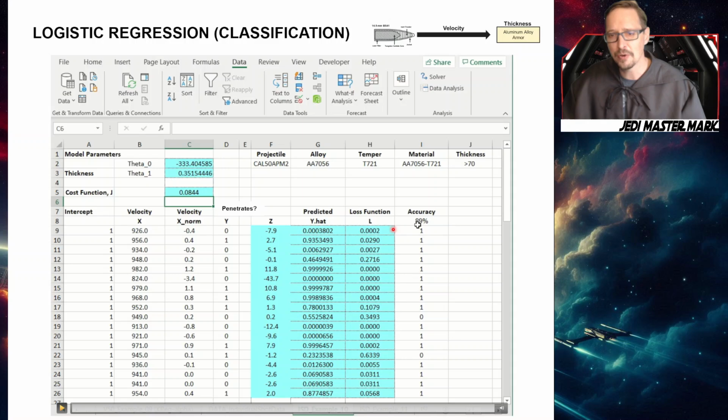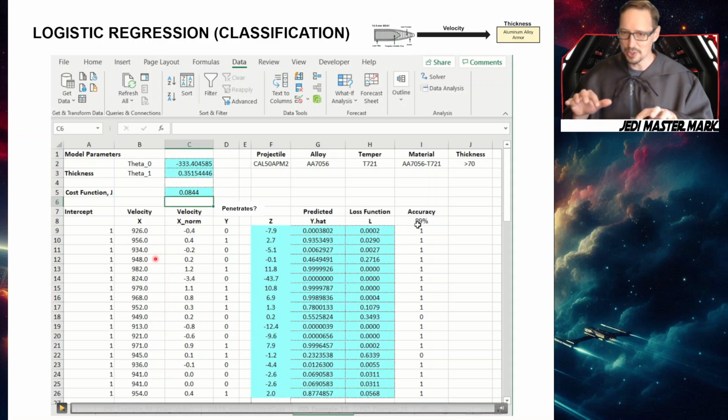You can actually go here to the loss function. What did it not get right? You can see here a higher loss function, but it still got it right. Here is a little bit higher, here a little bit higher. If you look across, the velocity on these, 945, 949, 948. So you're actually right in between these two distributions, right?